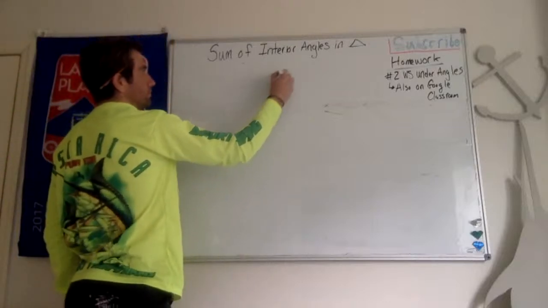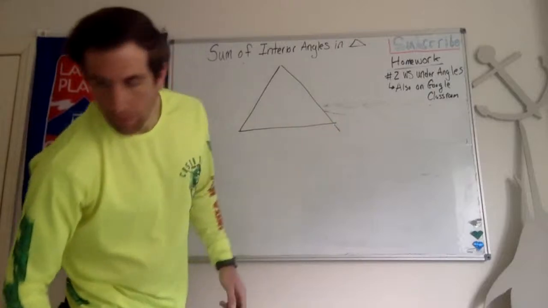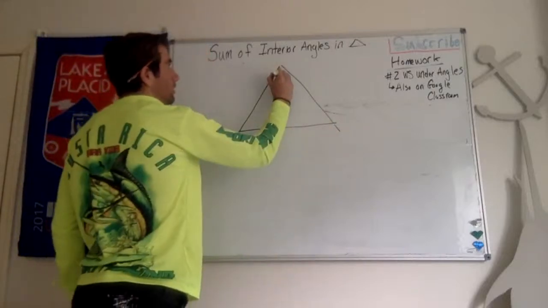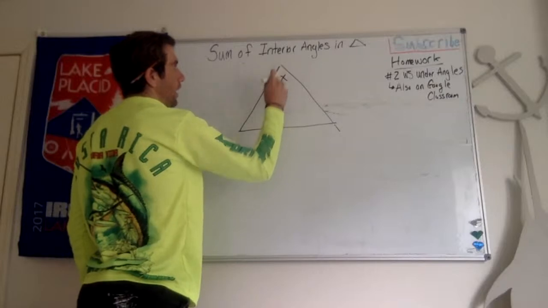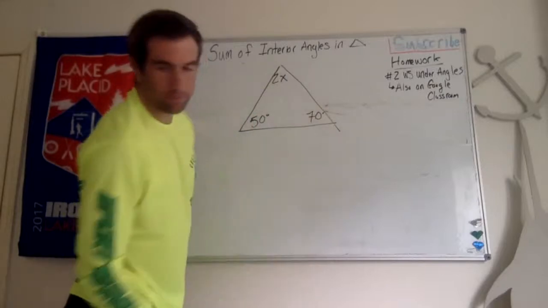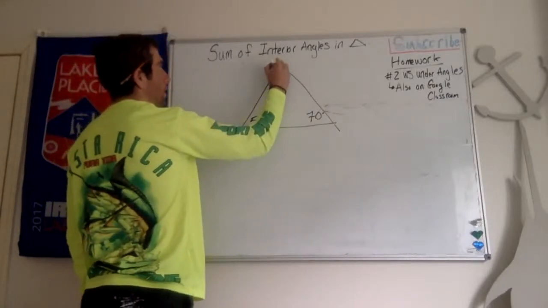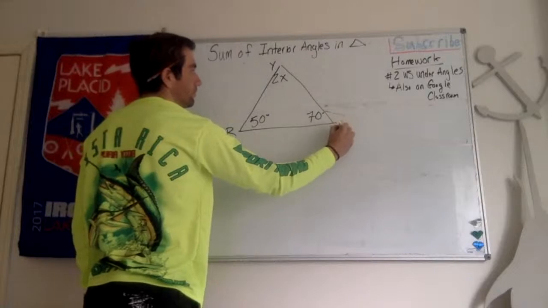Now, what if I have this? That's 2x. That's 50 degrees. That's 70 degrees. I want to know the measure of angle y. Let's see.